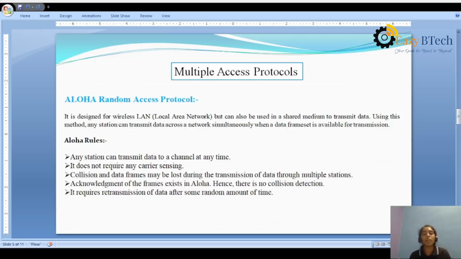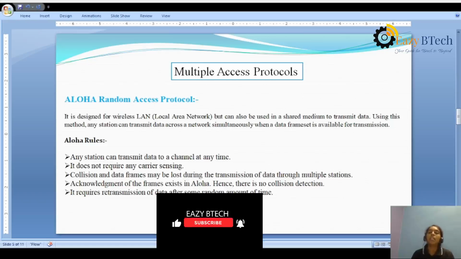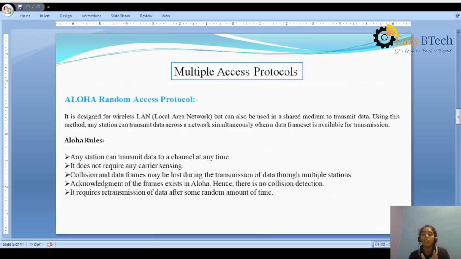Whenever a collision occurs, there is no collision detection process. It is the first random access protocol. Only the acknowledgement process appears in this protocol, and it requires retransmission of data after some random amount of time. If the receiver does not receive the frame because of a collision in the channel, it does not give an acknowledgement.